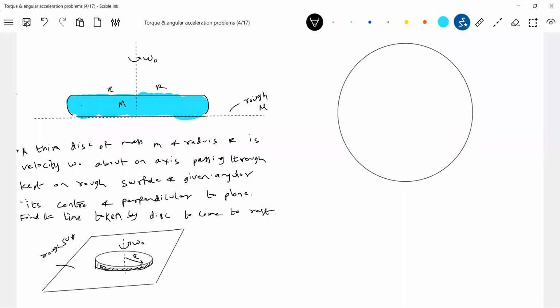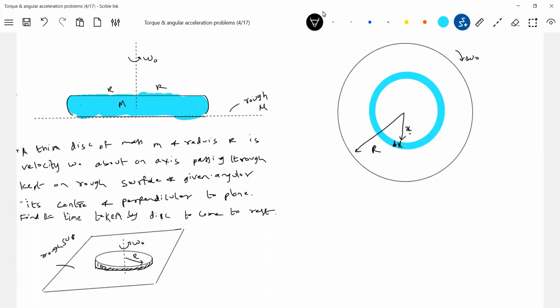The disk is given angular velocity omega naught, and let me assume a circular strip of radius x and thickness dx. This is of radius capital R. If you are getting confused, let me write small x.